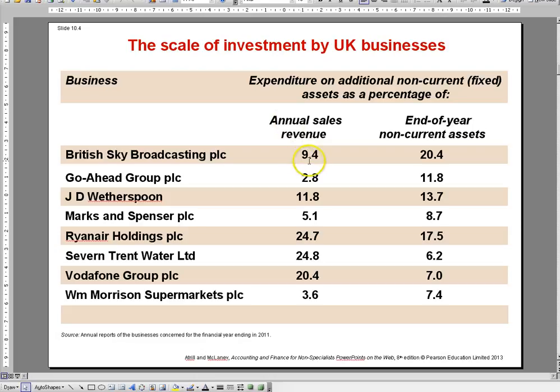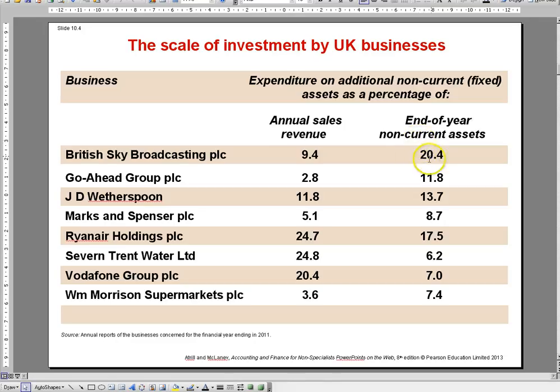So 9.4% of British Sky Broadcasting sales, 9.4% of those sales figure was spent on buying plant, machinery, land, etc. And 20.4%, that expenditure represented 24.4% of their existing stock of non-current assets.